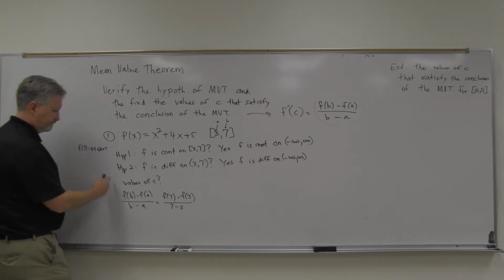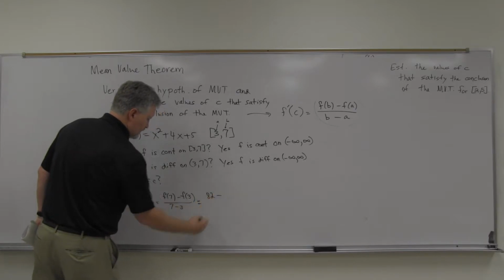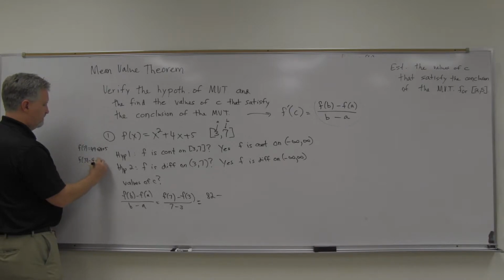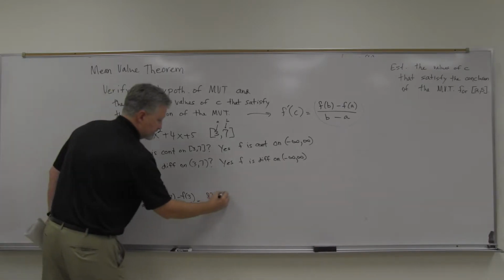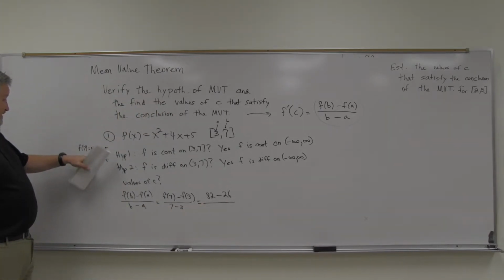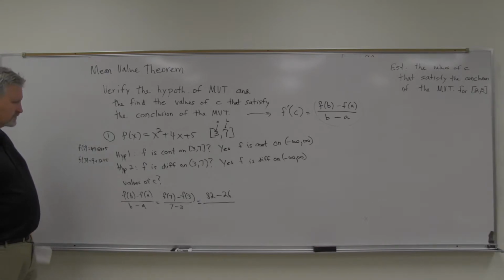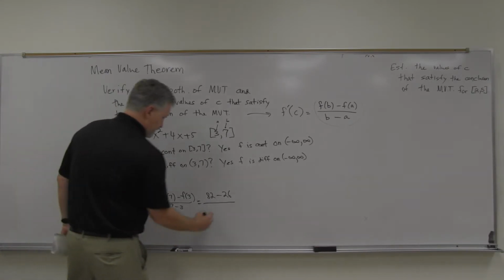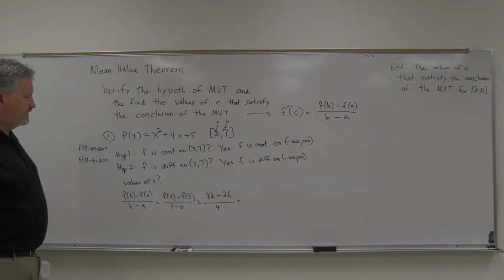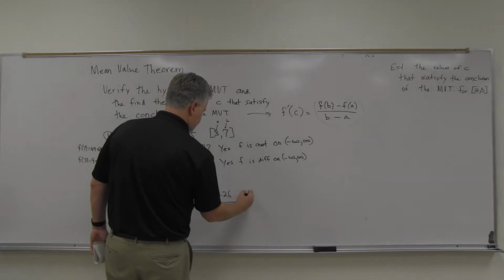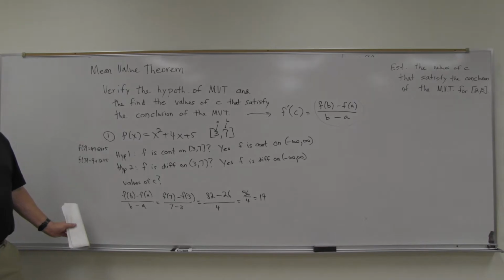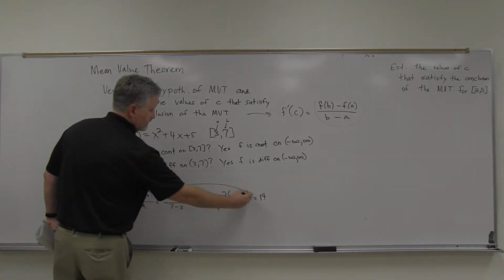Is that right? f of 3 would be 9 plus 12 plus 5. That's 26. I believe that's 82. And then that's divided by 4, so I've got 82 minus 26, 56, divided by 4. I get 14. So the value of this is 14.